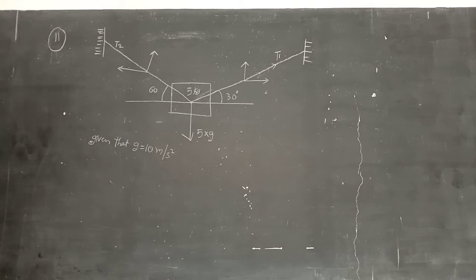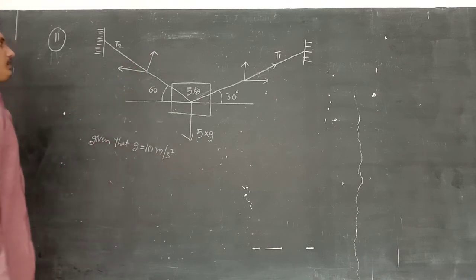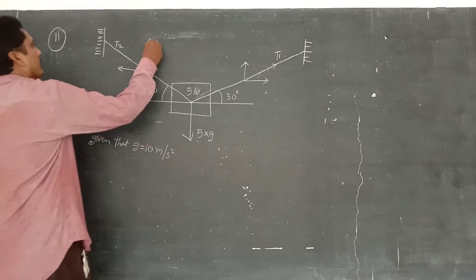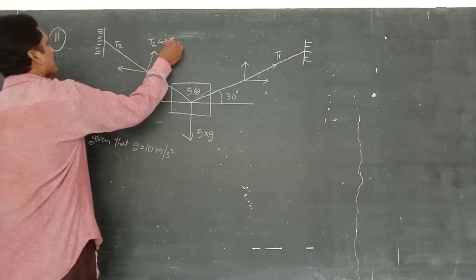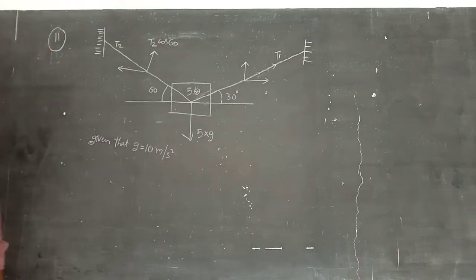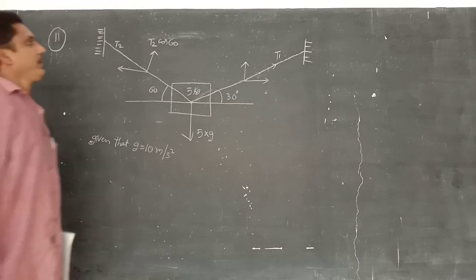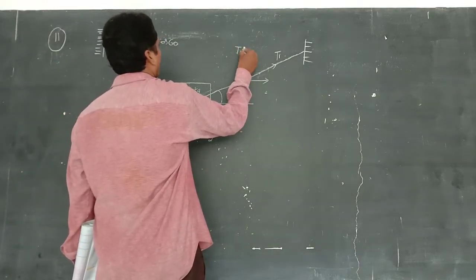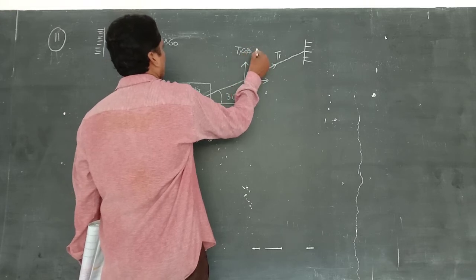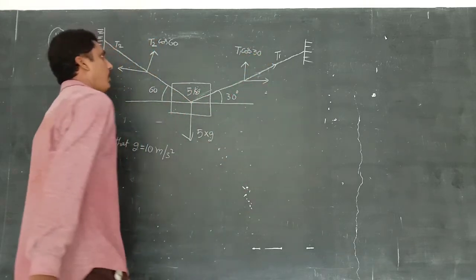Here the vertical component is T2 cos 60, and the vertical component of T1 is T1 cos 30.